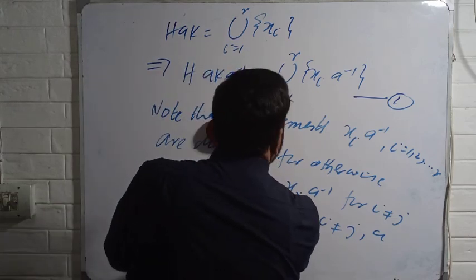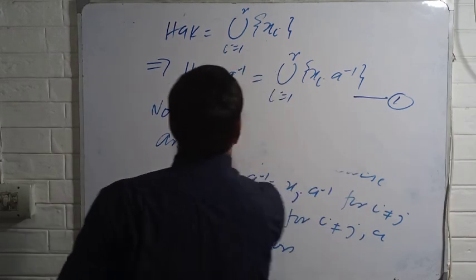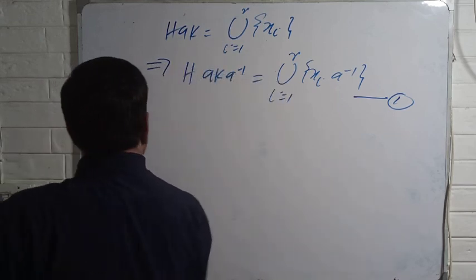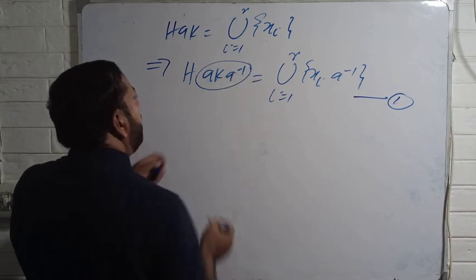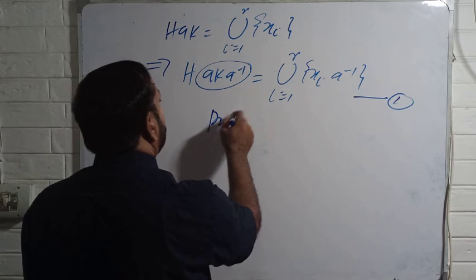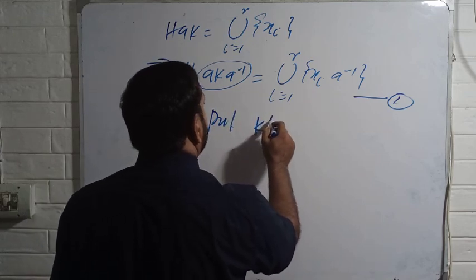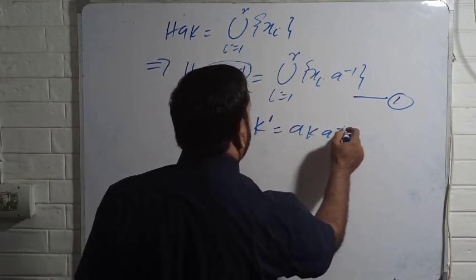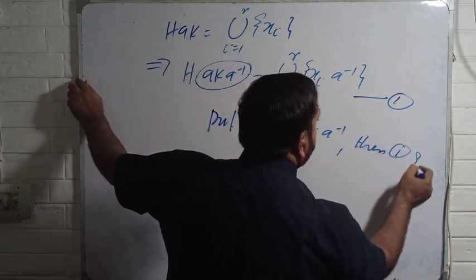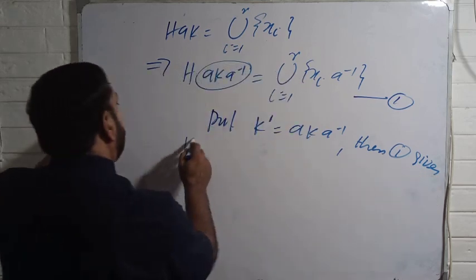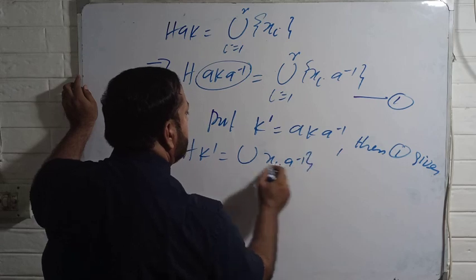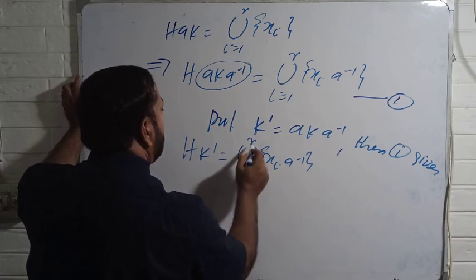Now look at here, what is this? If you take this as K', put K' equal to AKA inverse, then this gives HK' is equal to the union of xi A inverse, i from 1 to r.